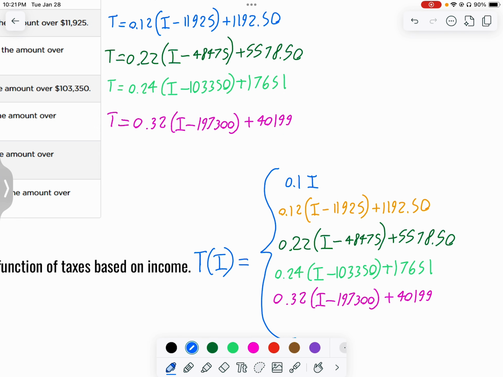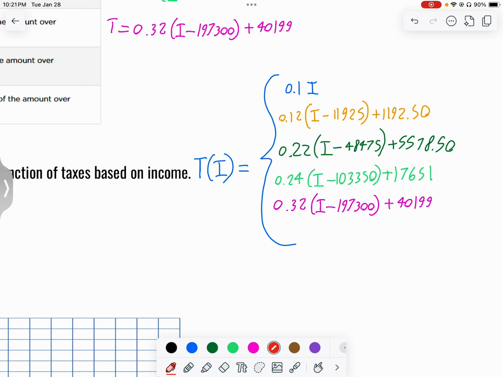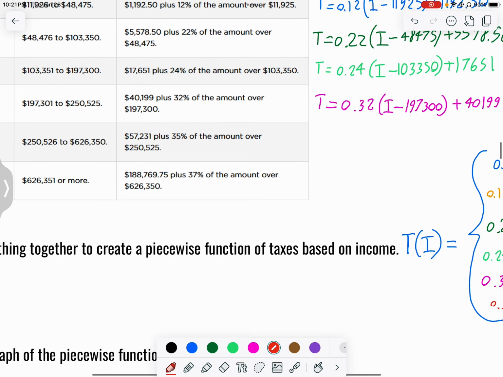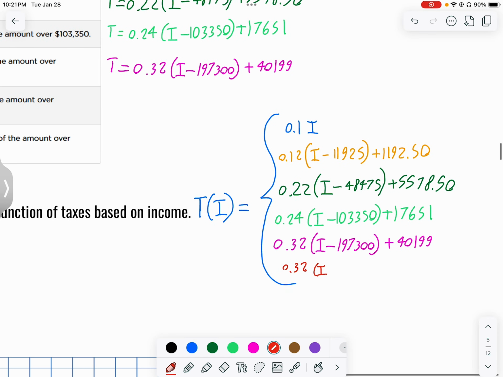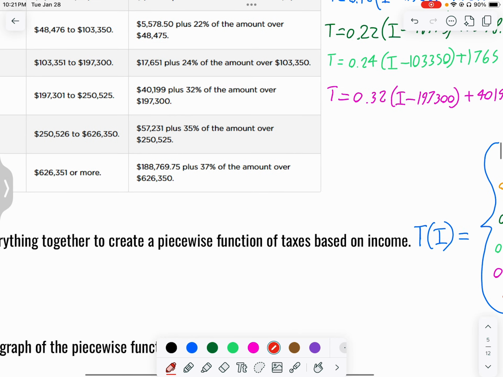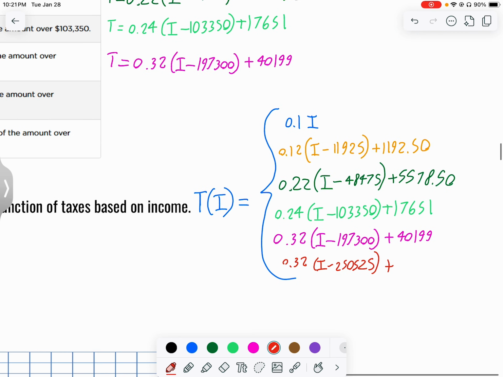And of course, the next two should look like this. 0.32 times I minus 250,525 plus 57,231.